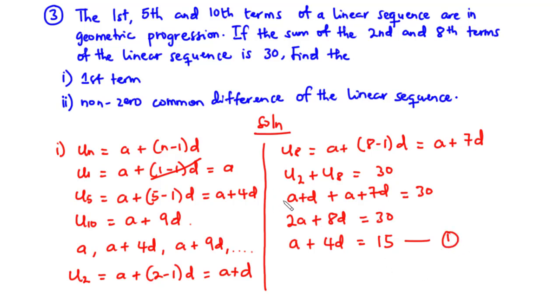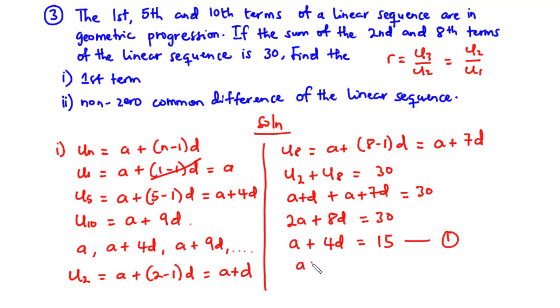Now in linear sequence, we talk about the common difference, whereas in the geometric progression, we talk about the common ratio. Now the common ratio r is equal to u3 divided by u2, which is equal to u2 divided by u1. So we are going to apply this here. u3 is going to be a plus 9d.